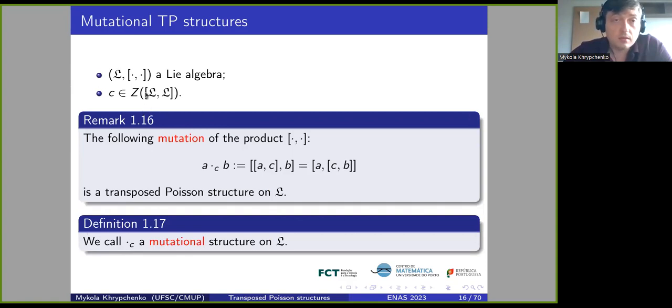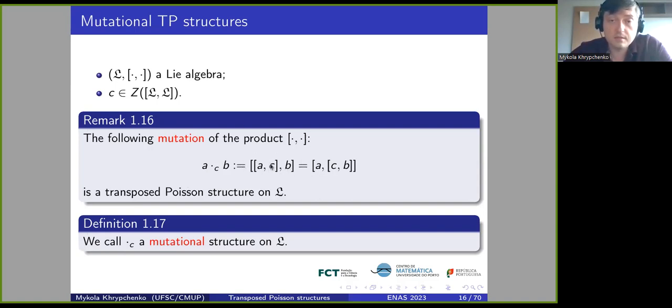Okay, the corresponding TP structure is the following one. You fix C as above, the element of the center of the square, and define the multiplication on your vector space by taking these triple brackets.